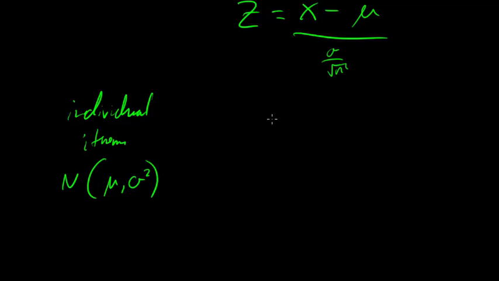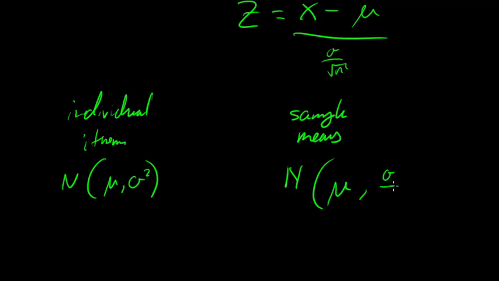And then I can look at a distribution of my sample means. The sample means are distributed normally, because this is distributed normally, with the mean being the same, but my variance now changes. Now you could write that as sigma squared over n if you wanted. I personally like to do my standard deviation squared.